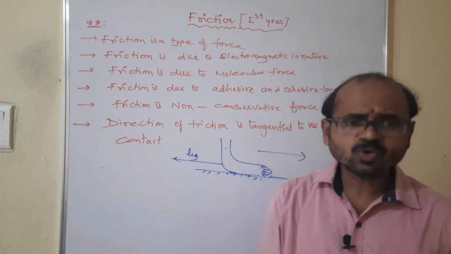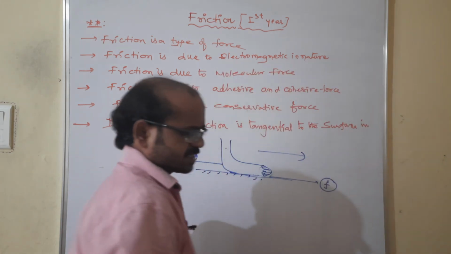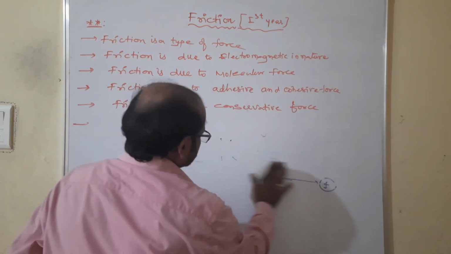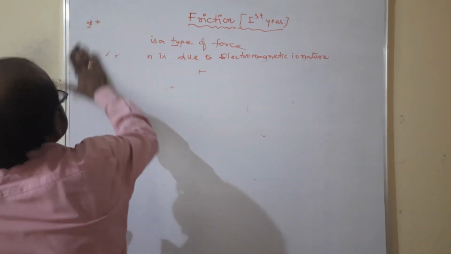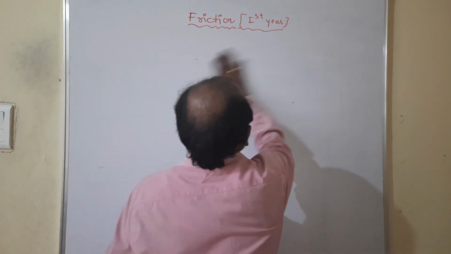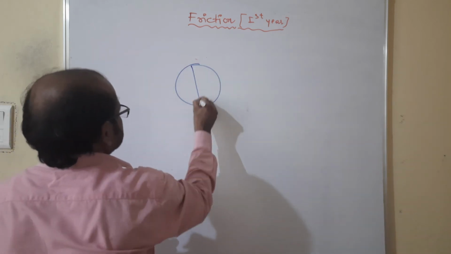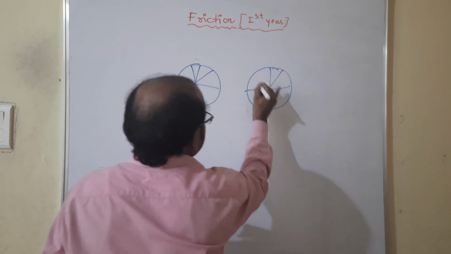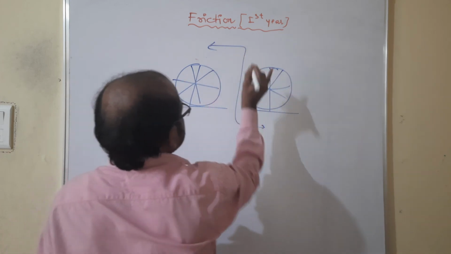Here is one more example, a bicycle. Take the two wheels of a cycle. When we are pedaling, the cycle is moving.